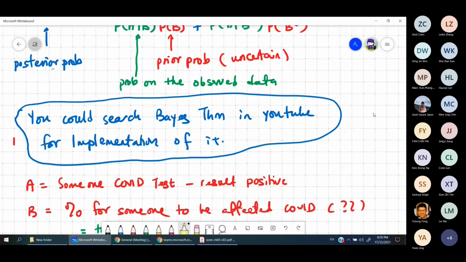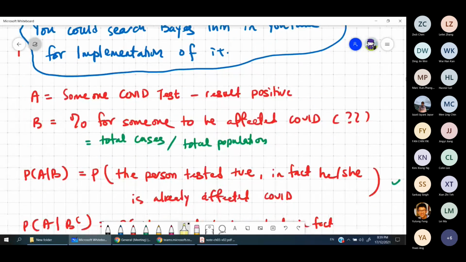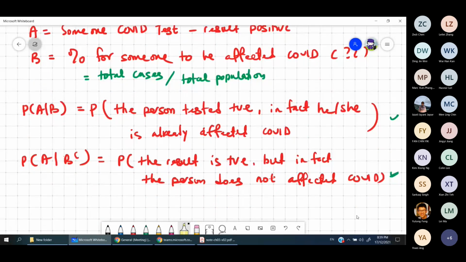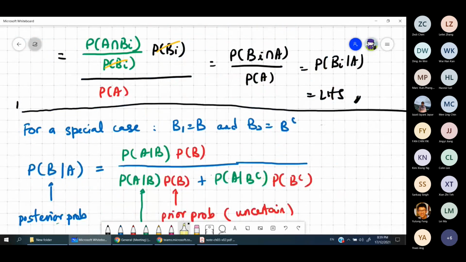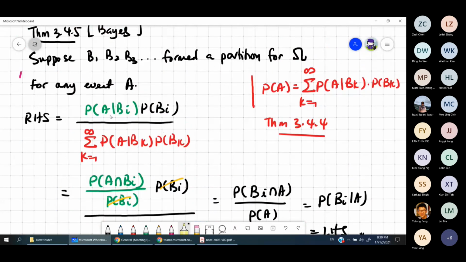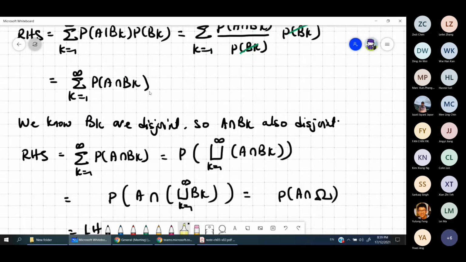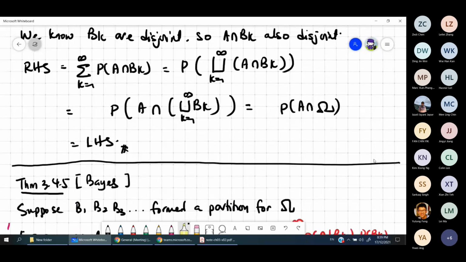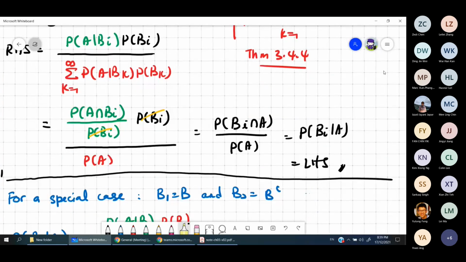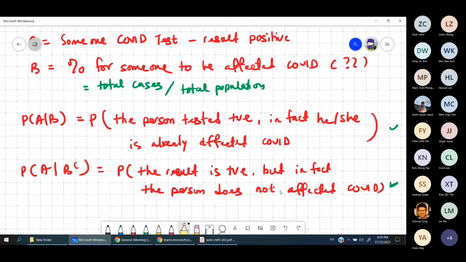You should be able to get a lot of interesting video explanations, which are much better than mine. But I will focus more on the theory part: how to derive this formula, how to apply the properties of the probability measure, and then derive the formula. All right, so that's the end of chapter 3.